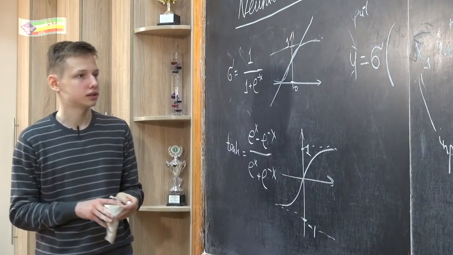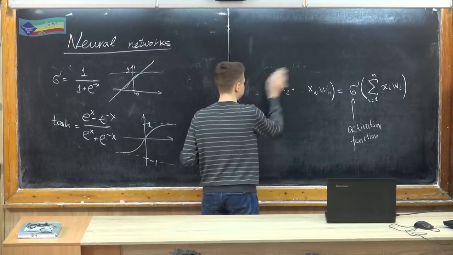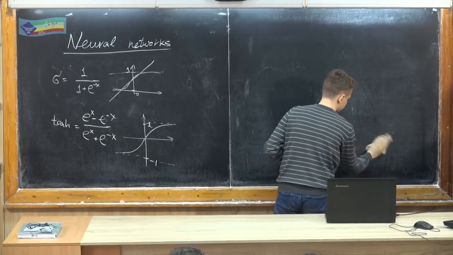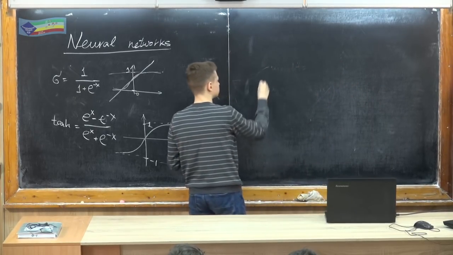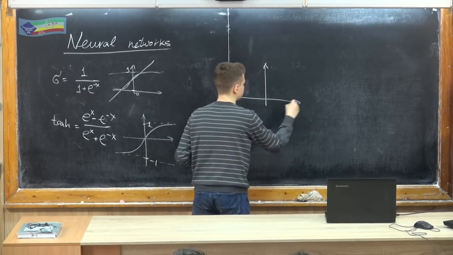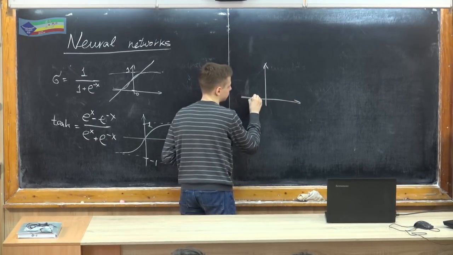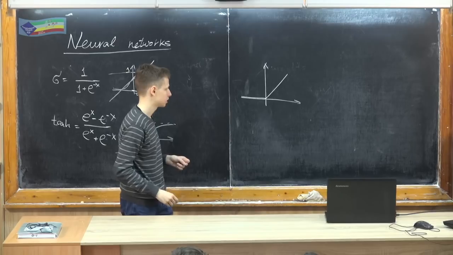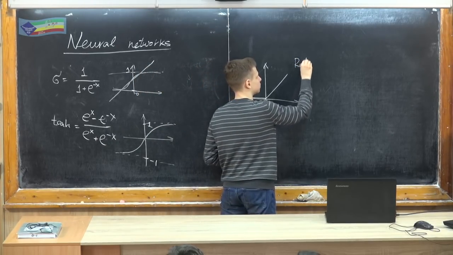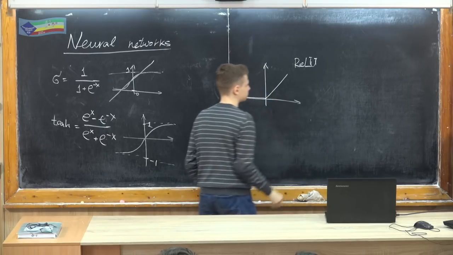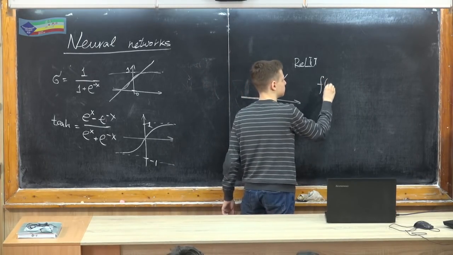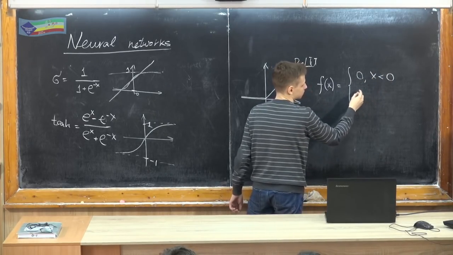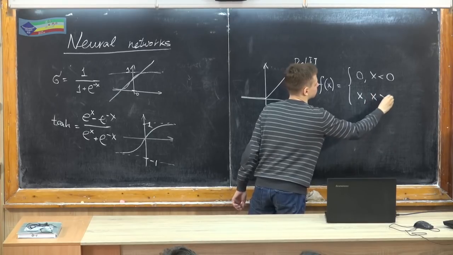And the final one is called ReLU. And it's quite simple. It's just equal to 0 and then goes up as a line. And it can be described as 0 if x is less than 0, and x if x is bigger than 0.